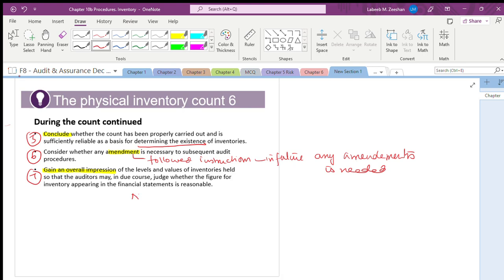You are talking in terms of non-current assets, property, plant and equipment. You are taking the current assets. In the current assets you will take inventory.